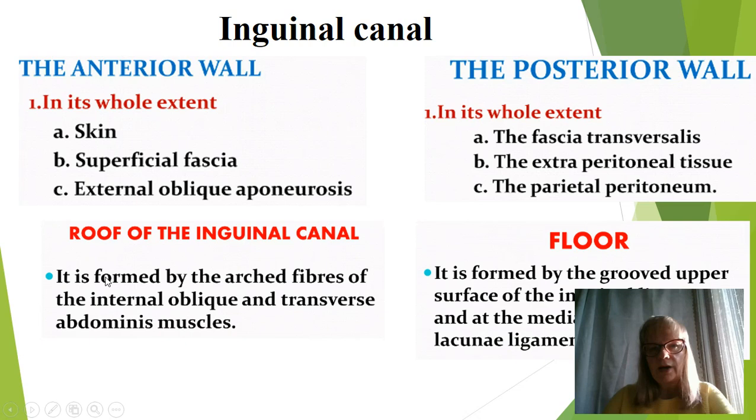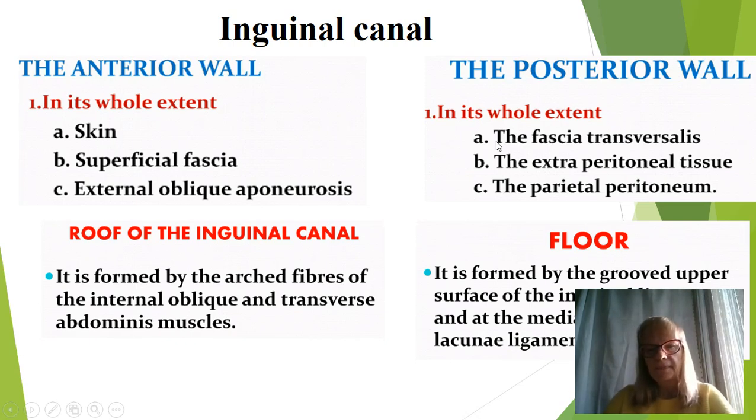And above this ligament, from the midpoint of this ligament to the inner side, to the pubic symphysis, arises a narrow space, the inguinal canal, which has four walls, four boundaries: anterior wall, posterior wall, superior wall, and inferior wall. What is the anterior wall? If we say the whole extent, it will be the skin, superficial fascia below the skin, and external oblique aponeurosis. The main structure of the anterior wall is the external oblique aponeurosis. Posterior wall, what do we have?